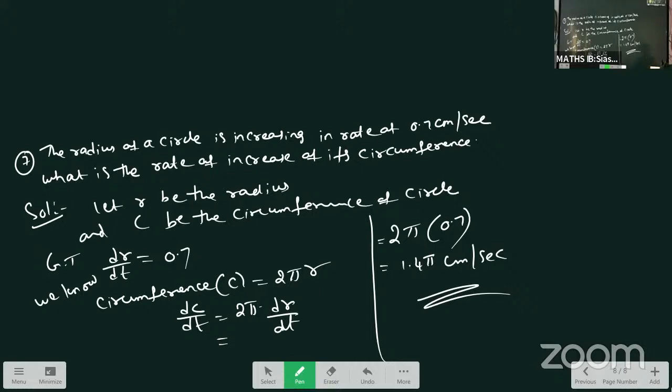So like this, we have to solve the questions in rate of change.